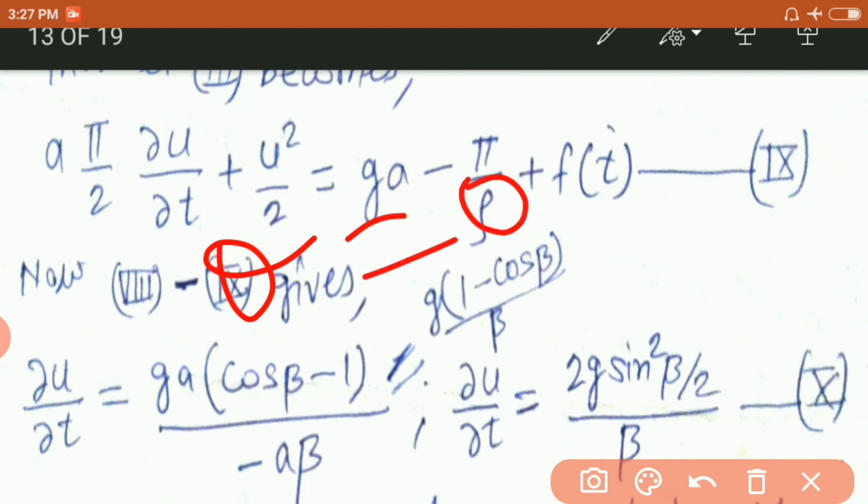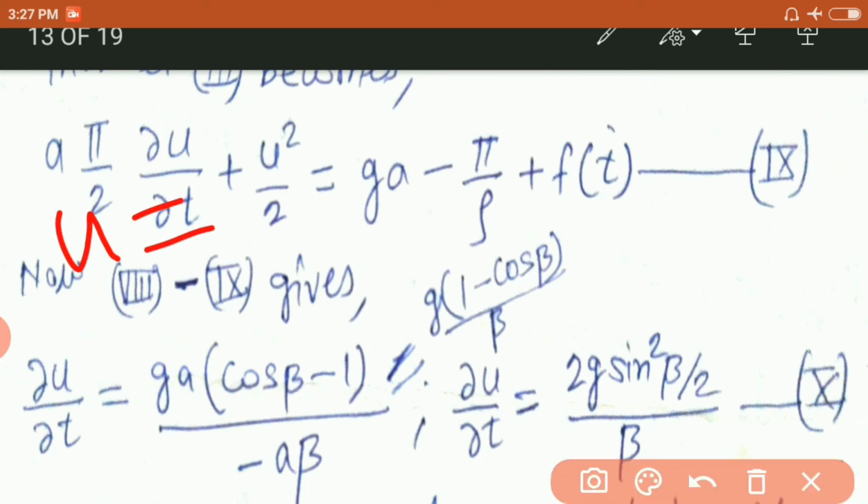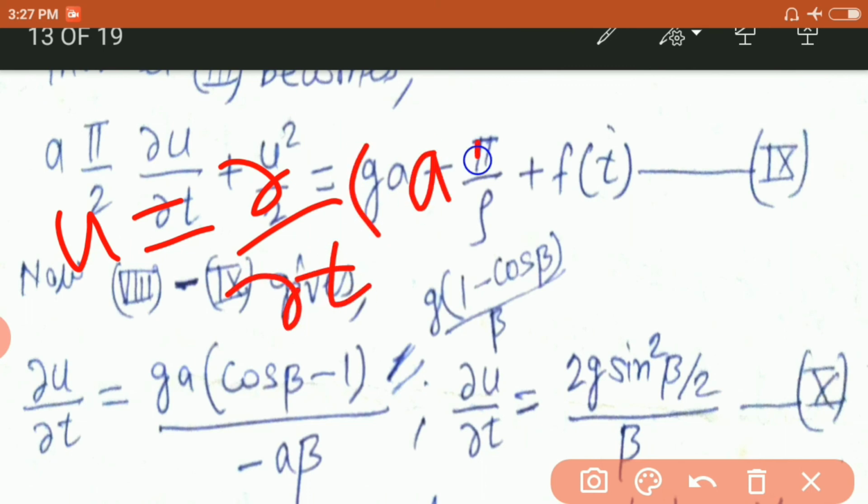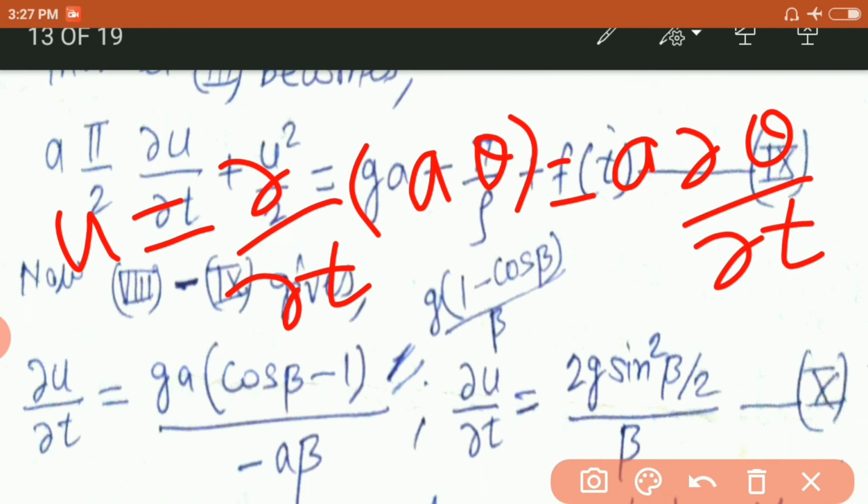And if in time t the upper face level is theta, then at that instant u is equal to a dou theta by dou t. And since at this instant the remaining liquid subtends angle beta, we have theta is pi by 2 minus beta.